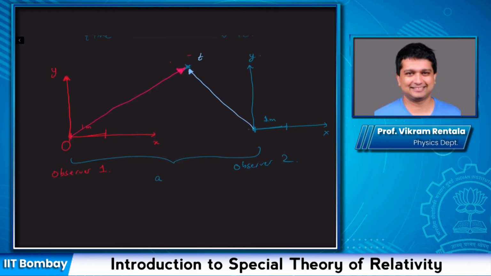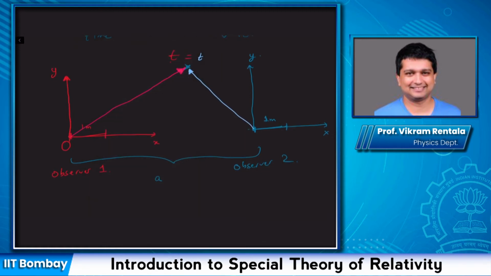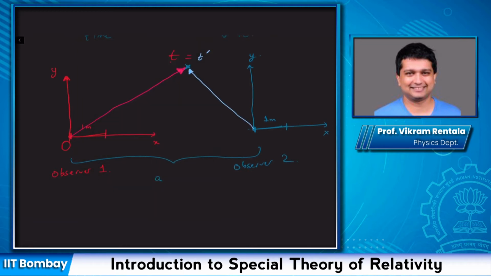And for observer 2's language, this blue T describes the time that they measure, and these are the same. So for clarity, I'll denote observer 2's observations with a prime. So I will put a prime on this, okay? And the time coordinate of this particle's position measured by observer 2 is T prime. The time coordinate of this particle's position according to observer 1 is T, and those two times are the same. The numerical values are the same.